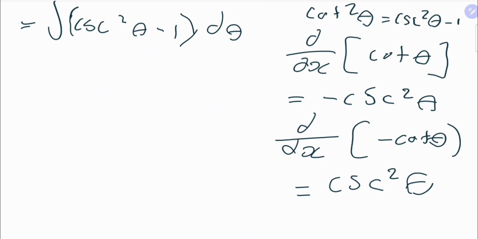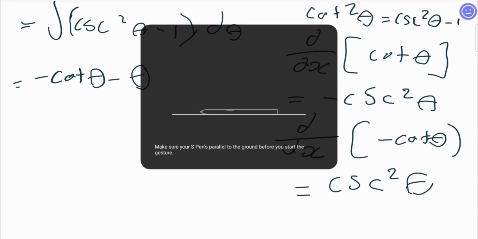So that means that the integral of cosecant squared theta is negative cotangent theta. Minus, and then what is the integral of 1 d theta? Well, theta. So this is our answer.